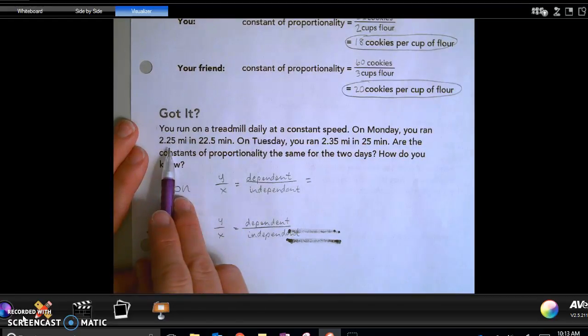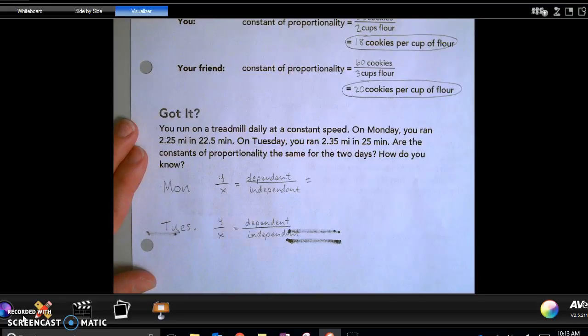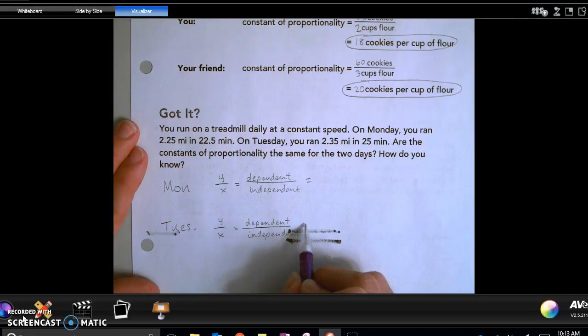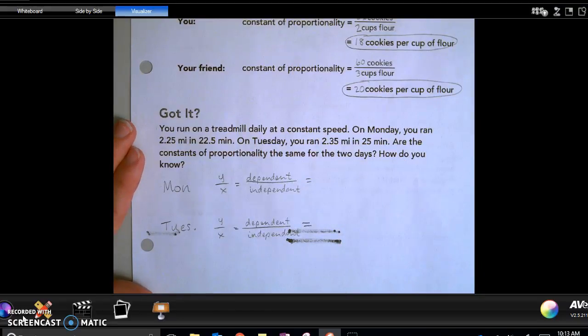The two values we have are miles and minutes. You need to identify which one depends on the other. Does the number of miles I run depend on how many minutes I run, or vice versa? So take a second to set up your two ratios, reduce them to lowest terms, and then check to see if they are the same. Good luck!